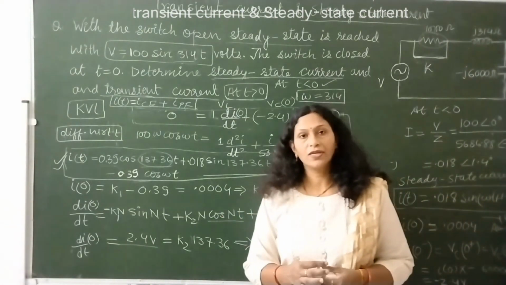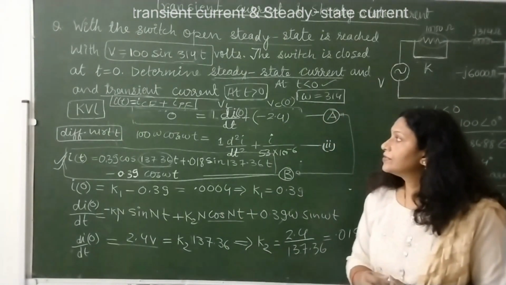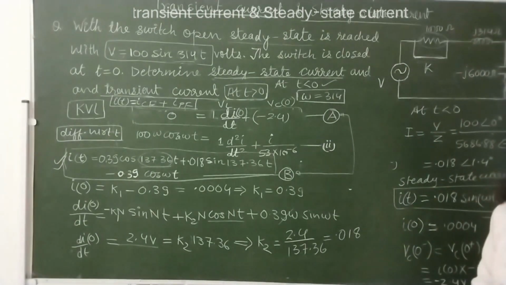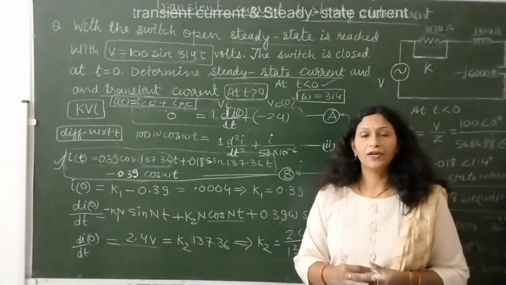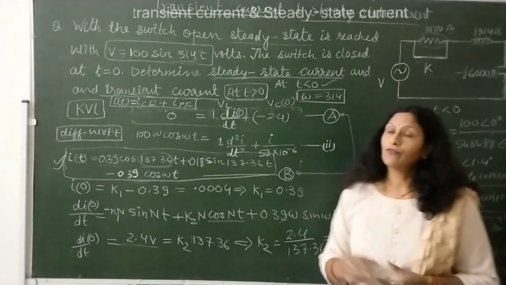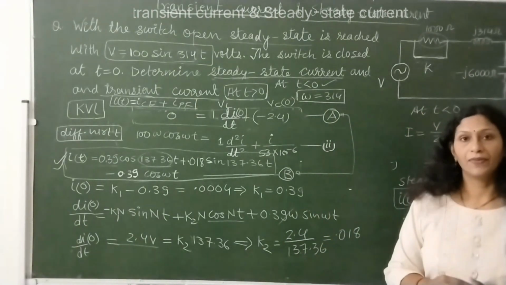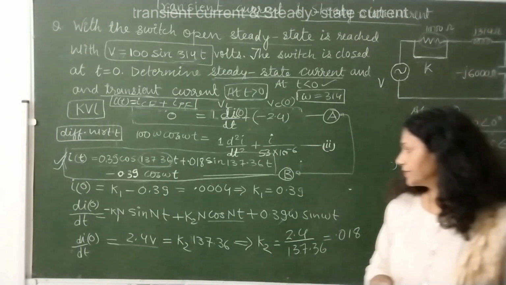and so this is the way to solve the, so in this way we can find the transient current or complete solution of RLC circuit, of AC RLC circuit.